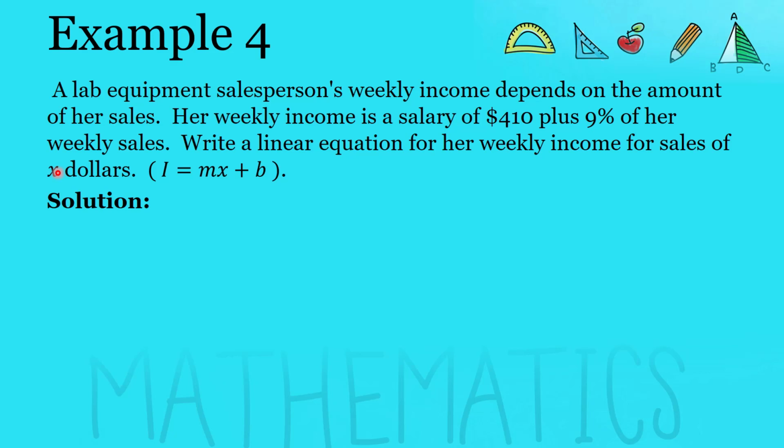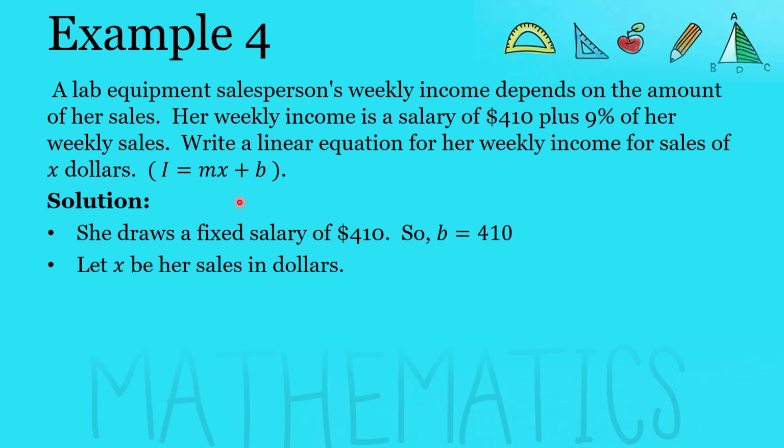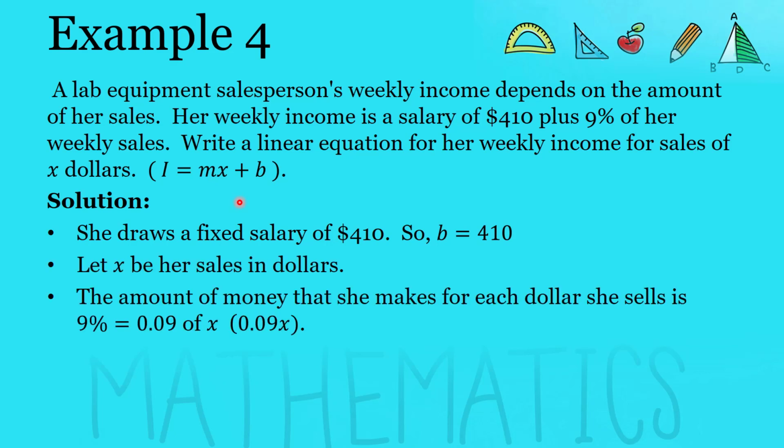So how do we handle this? Well, first we notice that she draws a fixed salary of 410, which does not change with X. No matter whatever she sells, she gets 410 bucks, and that is pretty much what B would be, because it's fixed. If X is 0, she will still get B. All right. Well, let's let X be her sales in dollars.